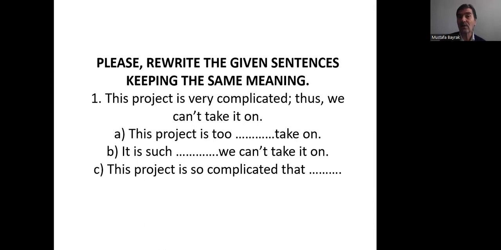This is the nature of too adjective to do, okay? This project is too complicated to take on, to accept. B, it is such a complicated project that we can't take it on. Such an adjective, noun that.